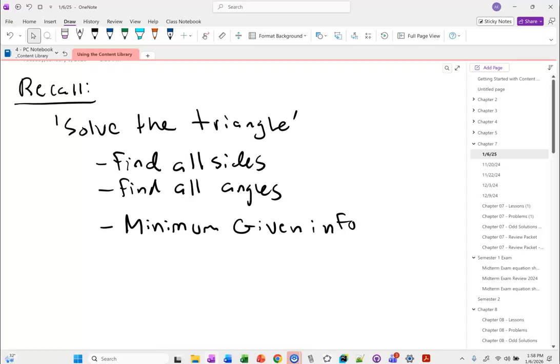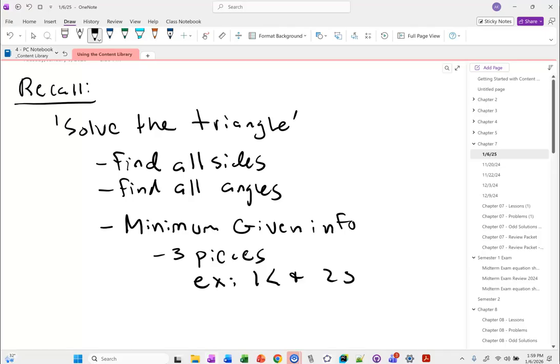We did this in geometry to some extent, right? So you need 3 pieces of information at minimum. For example, 1 angle and 2 sides.